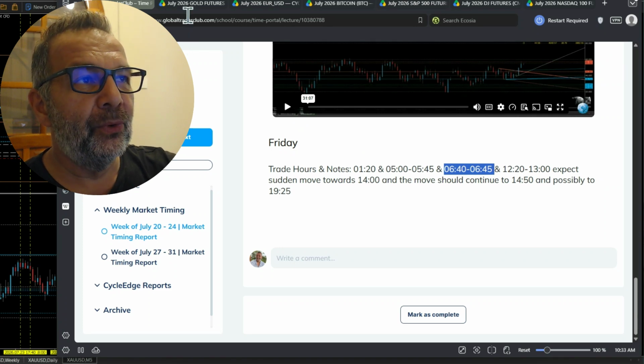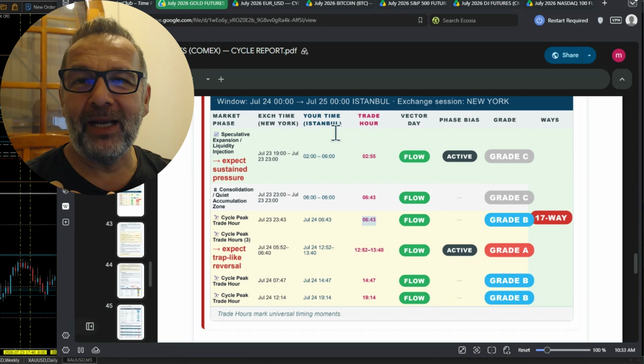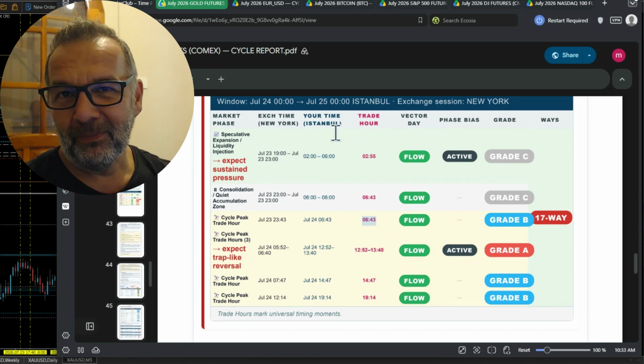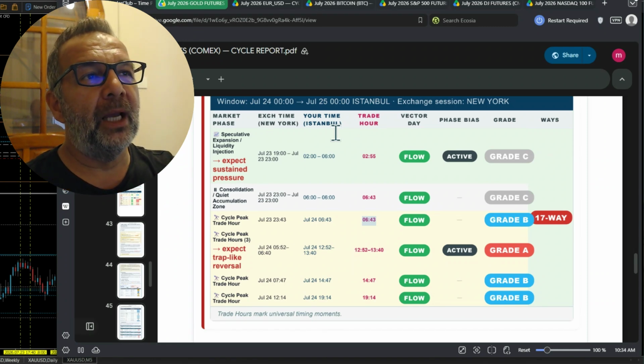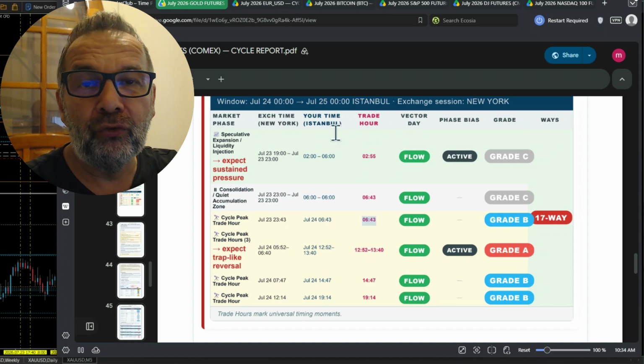Why is that important? Because if the market is at a TSM price at the right time, and I'm expecting a trap-like reversal, they're going to screw people over.